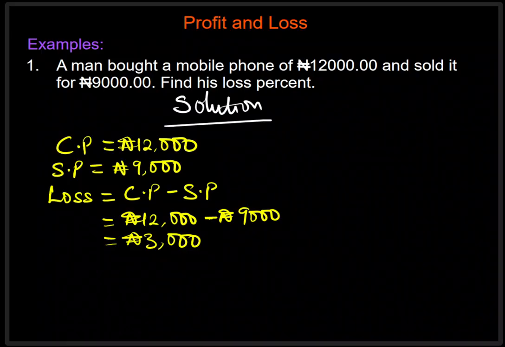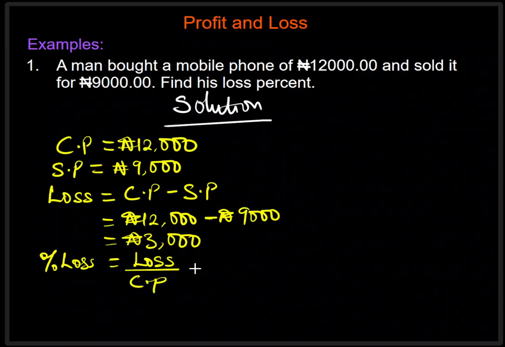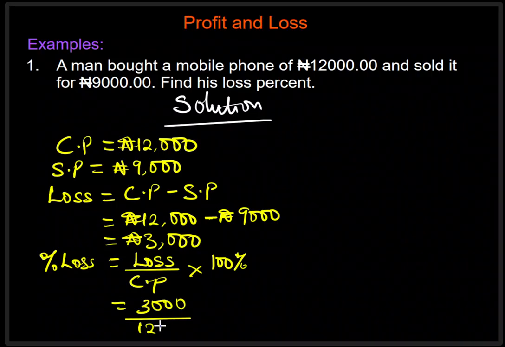So from there we can now find our percentage loss because we are asked to find percentage loss. The formula is loss all over the cost price times 100%. Remember the cost price is always the original. So that will give us 3,000 all over our cost price, 12,000 naira, then times 100%.